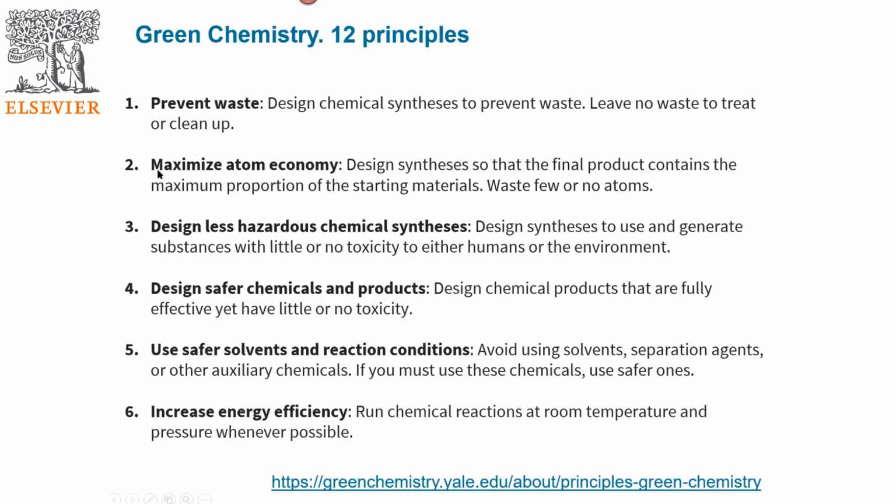The second principle is maximize atom economy. Design synthesis so that the final product contains the maximum proportion of starting materials, wasting few or no atoms. We will discuss this concept later with some examples, and I will show how to use Reaxys to calculate atom economy later.